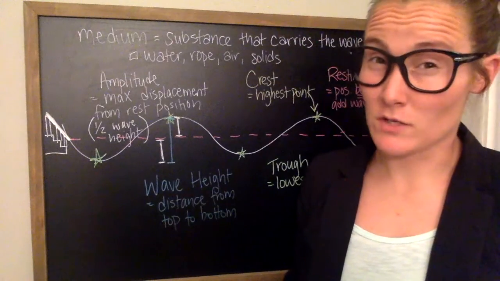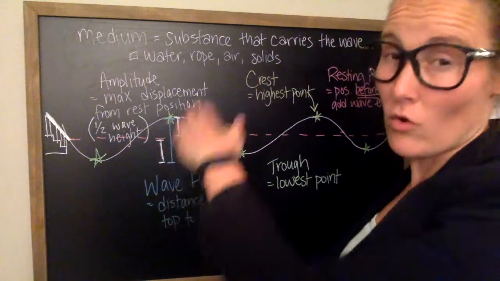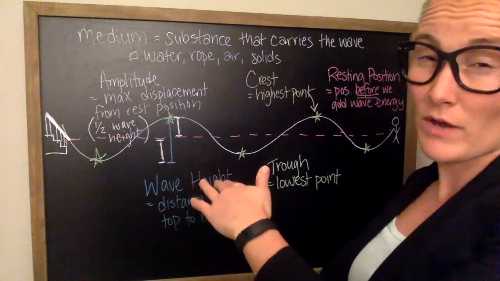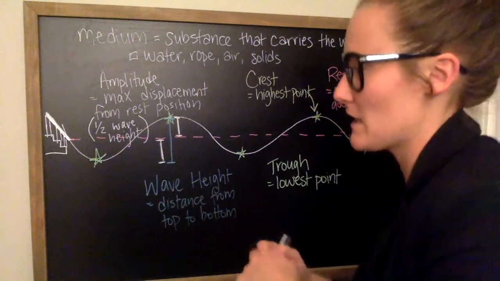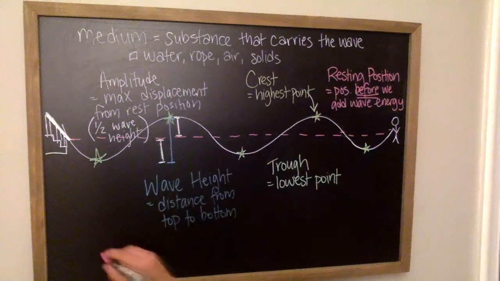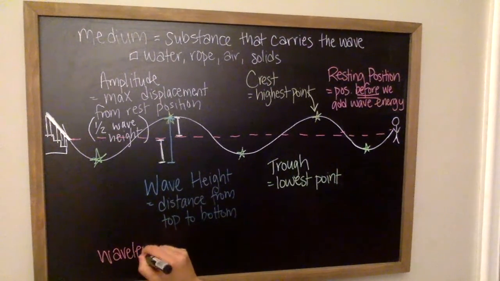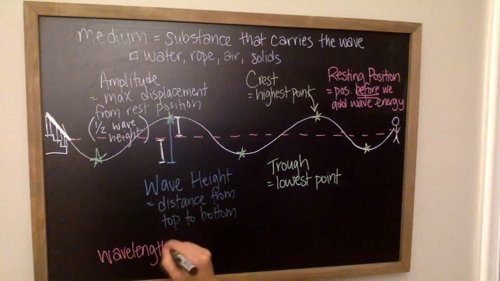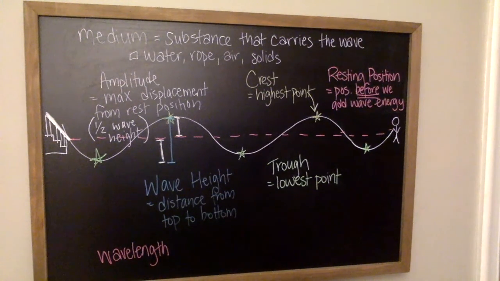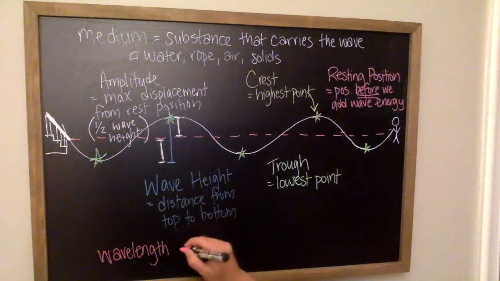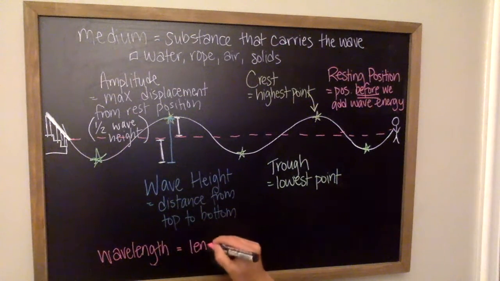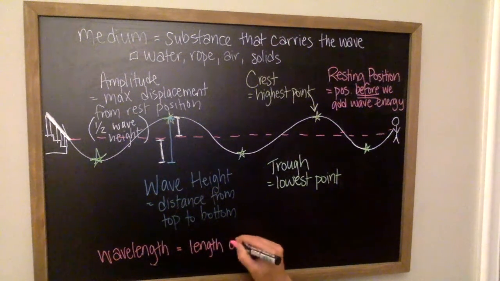Most of the terms that we've looked at so far have had to do with vertical or up and down components of our wave, but the very last one we're going to hit today is called wavelength. Really, it's just like it sounds. The wavelength is the length of a wave.